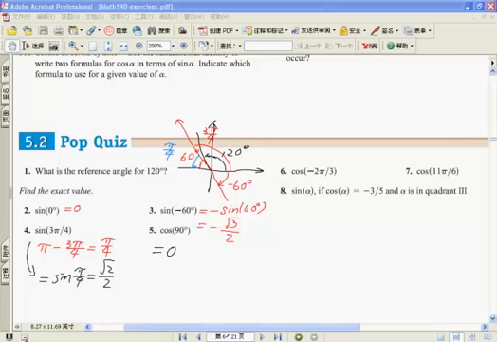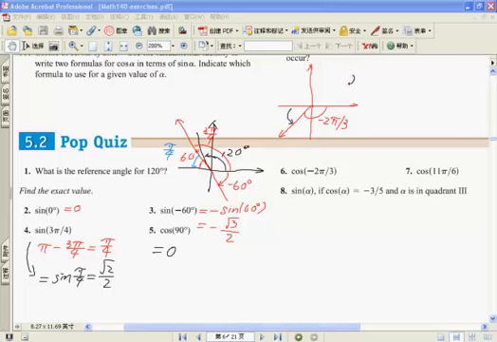Now let's look at number 6, negative 2 pi over 3. Let me draw the sketch of this angle. Negative 2 pi over 3 is here. So the reference angle is this angle.